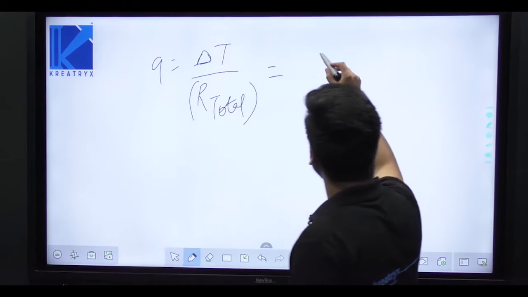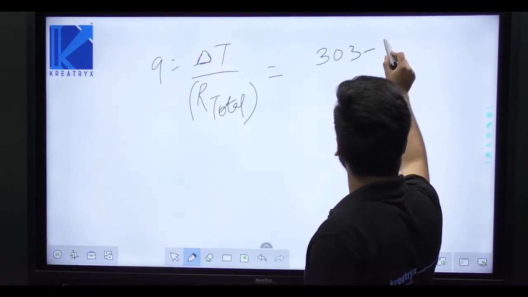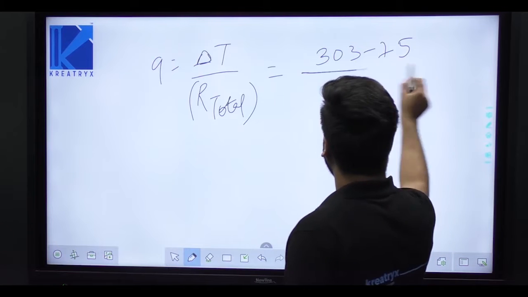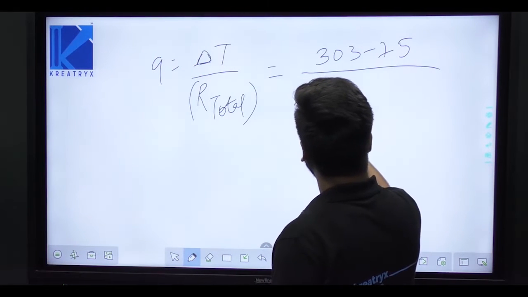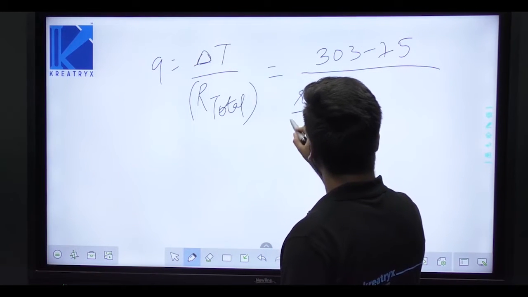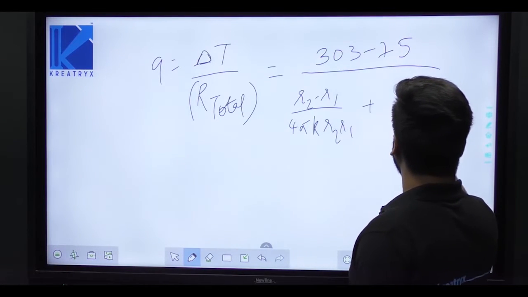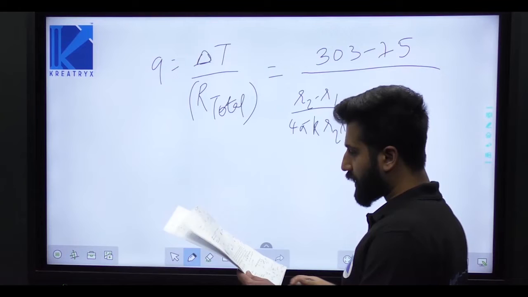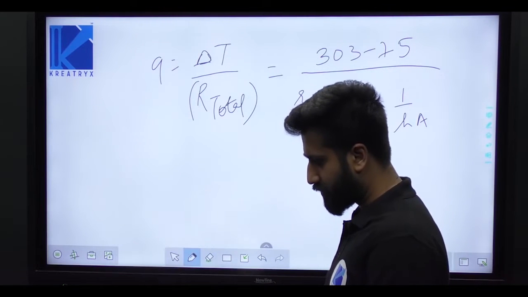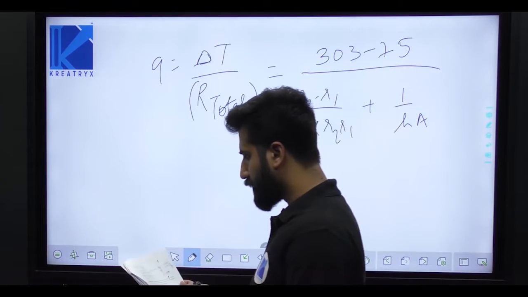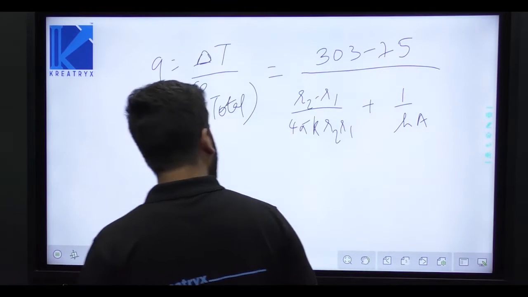Delta T is 303 minus 75, and the resistance is R2 minus R1 upon 4 pi K R2 R1, plus 1 by hA. I'm directly writing the answer, you put the values and solve it.